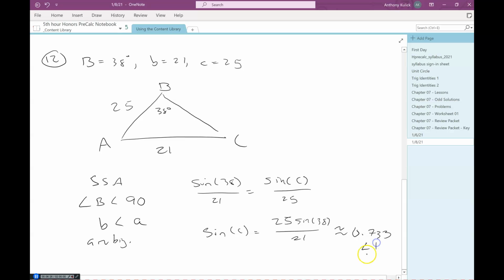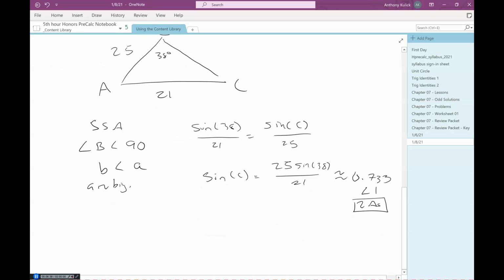And since this is less than 1, I know that I have two triangles. So that's my justification, how I know that there's two triangles. Let's go ahead now and find the values for those two triangles, which is what's asked in the question. That part that I did was just reviewing how we can determine if something's an ambiguous case and how to tell how many triangles we get.